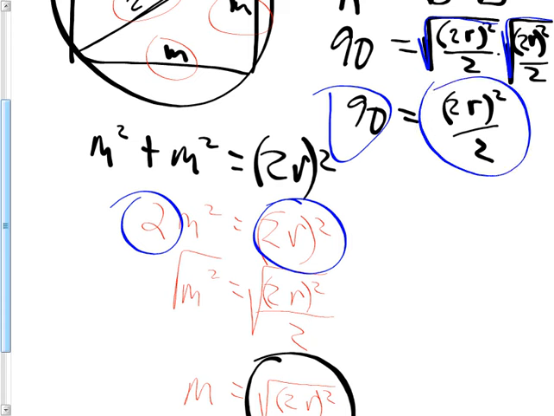Everybody grab your graphing calculator. Type in 90 on the one equation. Type in (2r) quantity squared over 2. Okay, so when you've graphed it, you have one line at 90, like this, and the other line is a parabola that's going to touch it.